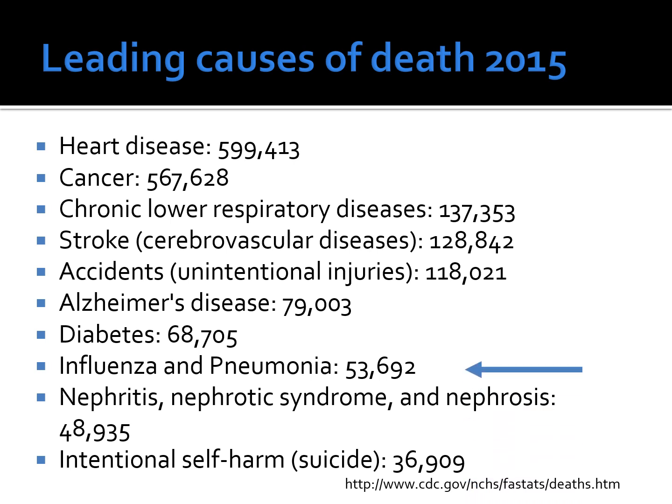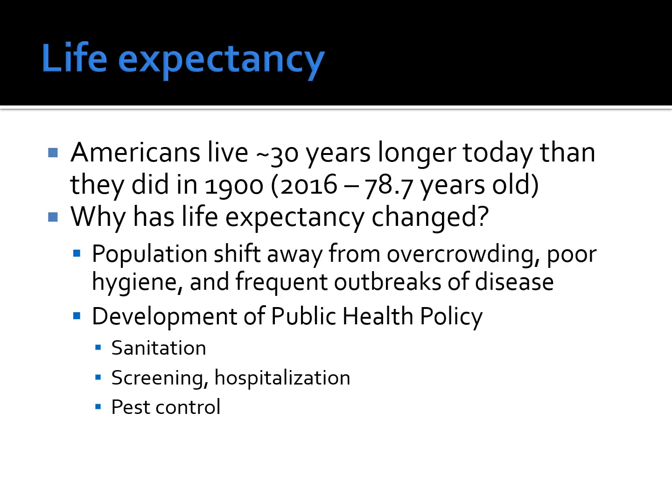However, they've been far surpassed by other causes of death, including heart disease, cancer, chronic respiratory disease, and stroke. And as the influence of infectious diseases has decreased, life expectancy has increased.